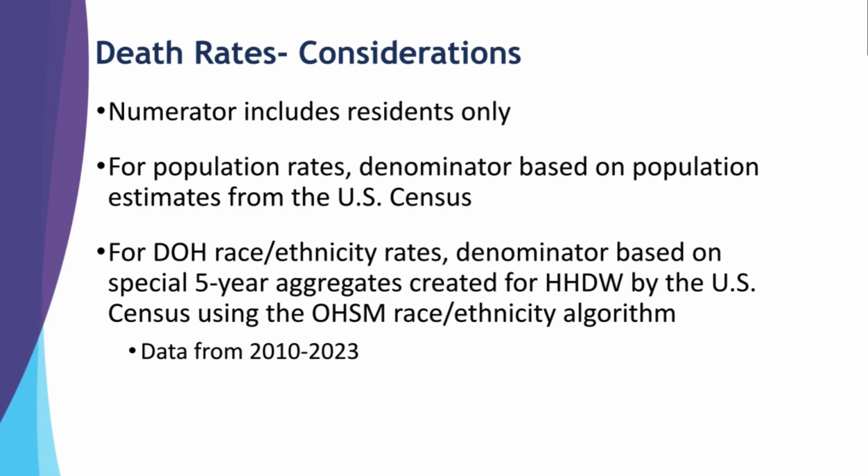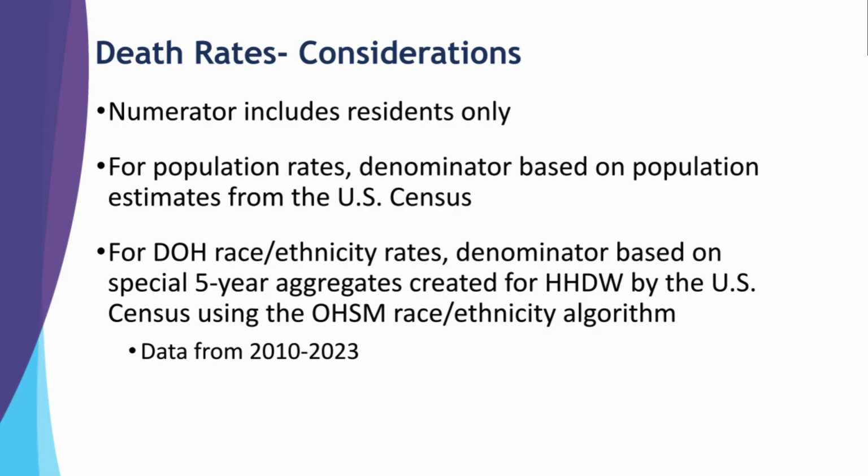And here's where we see the difference between population rates and population rates by DOH race ethnicity. For population rates, the denominator is based on population estimates from the US Census. These include estimates for the population by age and sex.